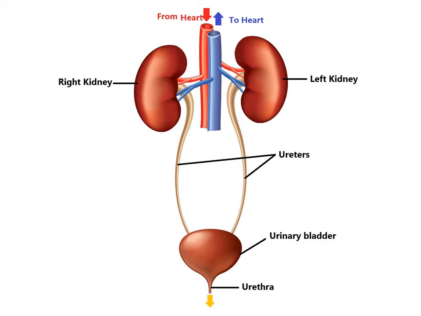So again, when the blood is filtered or cleaned inside the kidney, it will return back to the blood vessels through a vein, leaving inside the kidney all the wastes, including any excess water, which means more water in the blood, it's left with the kidney.